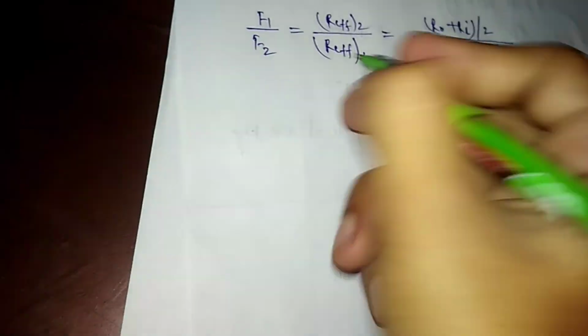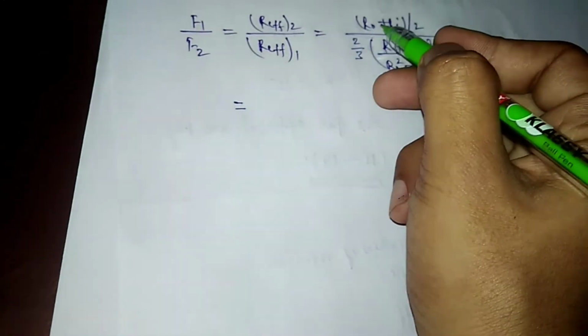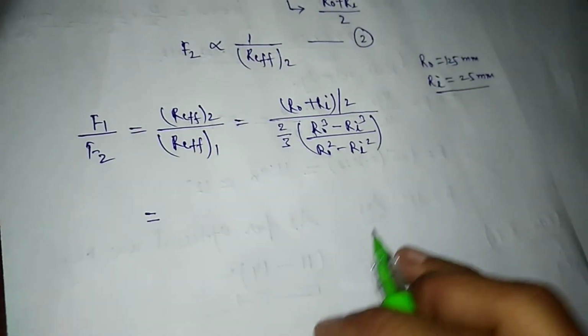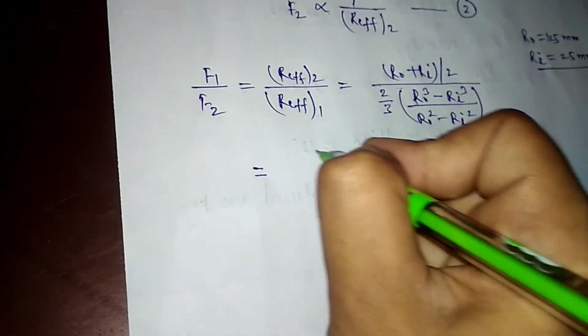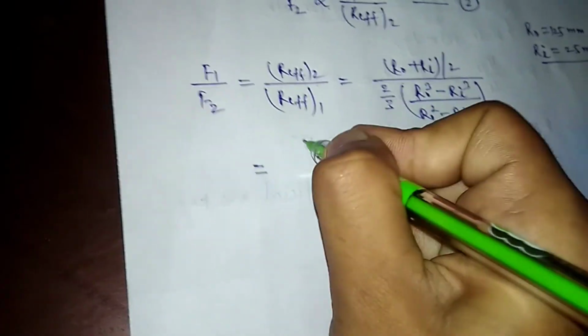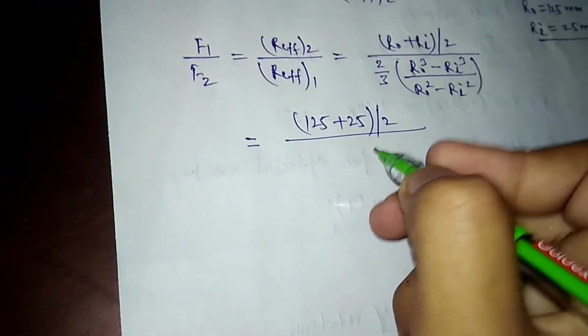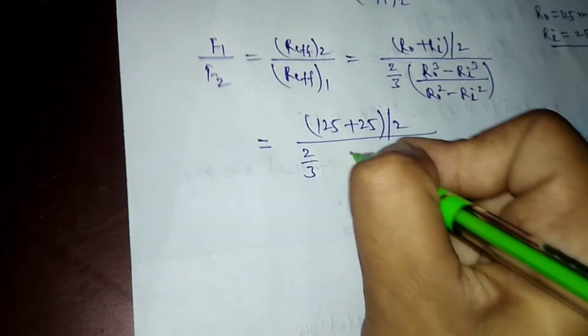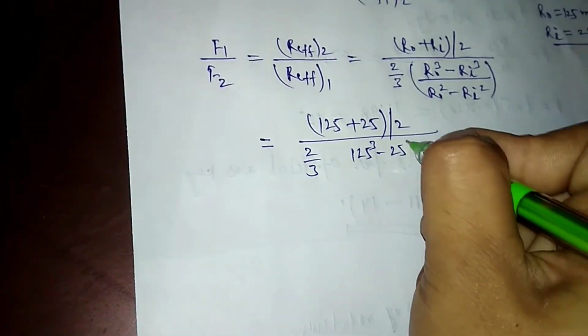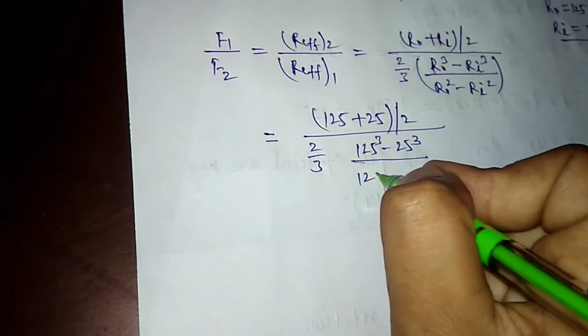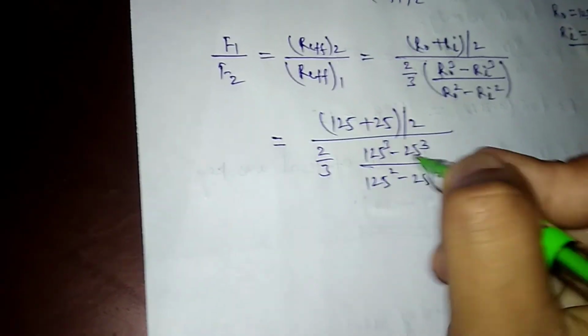Now putting all values, the outer radius which is given in the question, R naught is 125 mm and Ri is 25 mm. So putting the values of R naught and Ri, this is (125 plus 25) divided by 2 upon 2 by 3 times (125 cube minus 25 cube) upon (125 square minus 25 square).